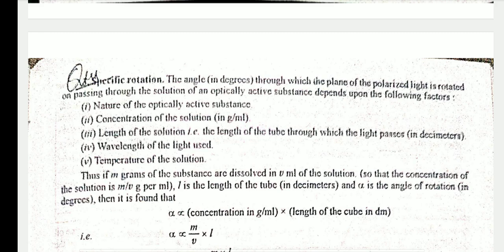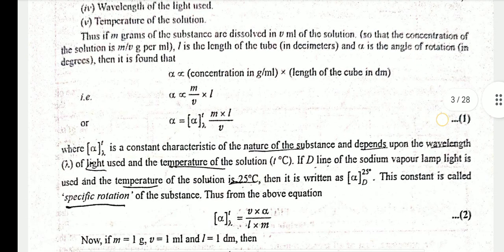Thus, if m grams of substance are dissolved in v ml of solution, so that the concentration of the solution is m/v gram per milliliter, l is the length of the tube in decimeters and alpha is the angle of rotation in degrees, then it is found that alpha is directly proportional to concentration in gram per milliliter multiplied by length of the tube in decimeters.